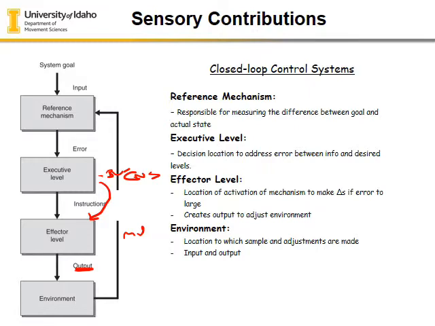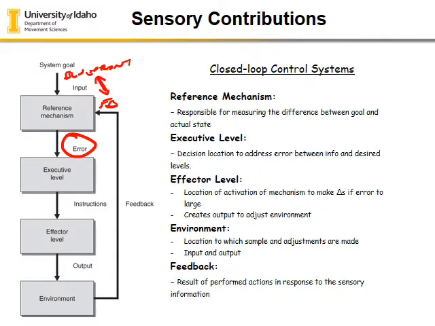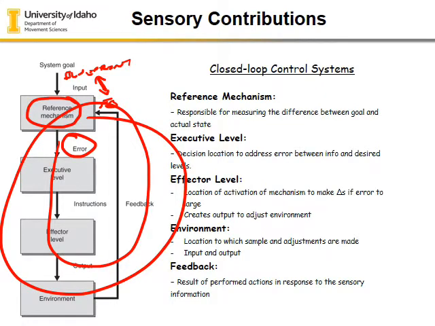Then you produce that outcome or movement into the environment, and this produces some sort of feedback that goes through the system, allowing you to measure the feedback versus your blueprint of what you should have produced. That creates this idea of error. The difference between the blueprint and the feedback of the actual output you did is taken by the reference mechanism, called the reference of correctness, and we'll talk about that. You get the error, and this cycle continues until you actually stop the movement.